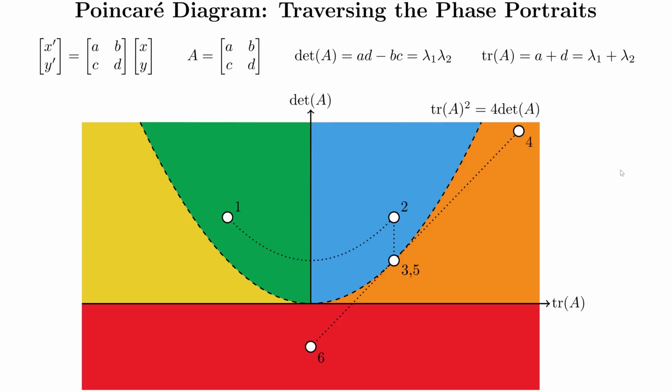So to dive deeper here, we're actually going to look at the path we took, and we're going to look at the matrices as they're changing and how you end up with the different solutions and how those solutions are changing, and also how things like staying at this point can occur when we're changing elements of the matrix, and also how we can get two different phase portraits. You know, we had an unstable star and an unstable degenerate node, even though we were at the same point in the Poincare diagram.